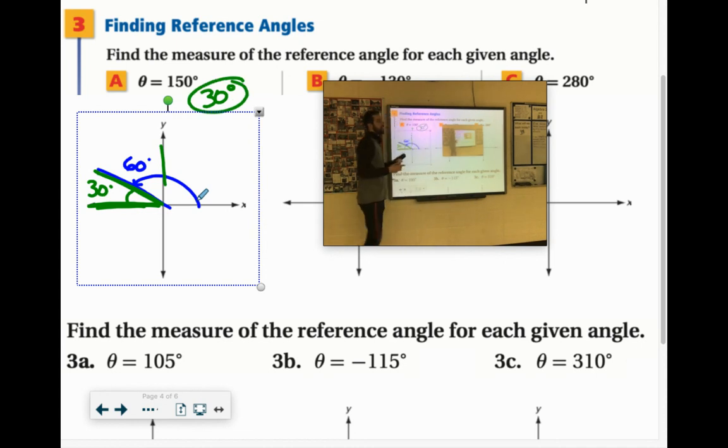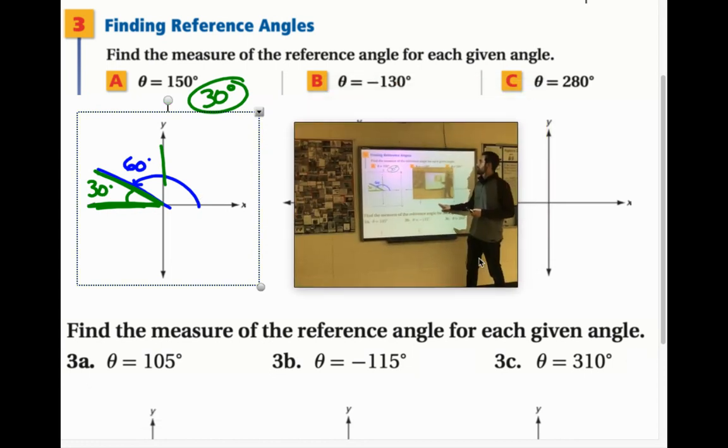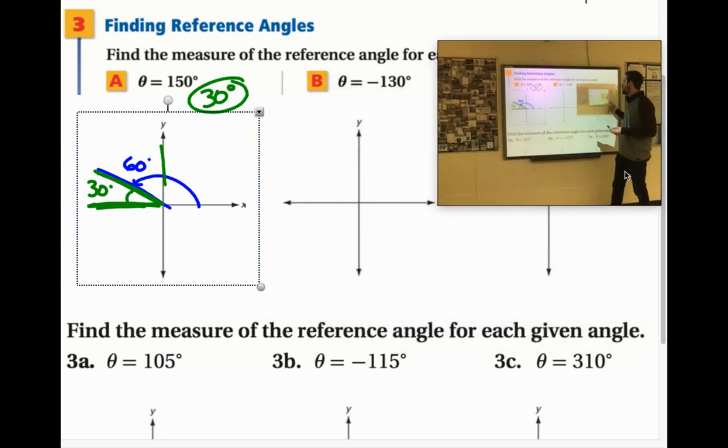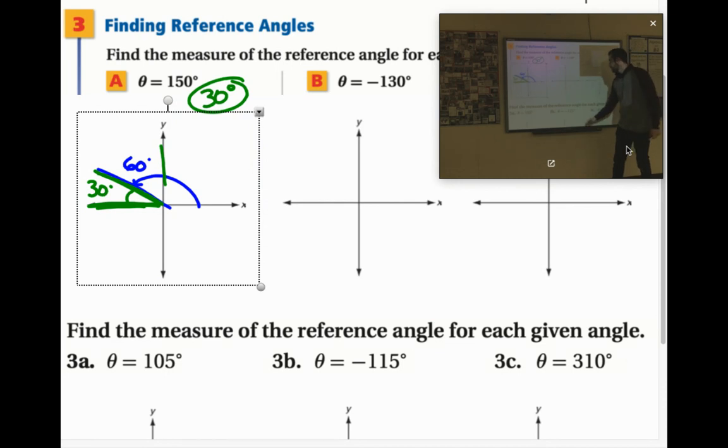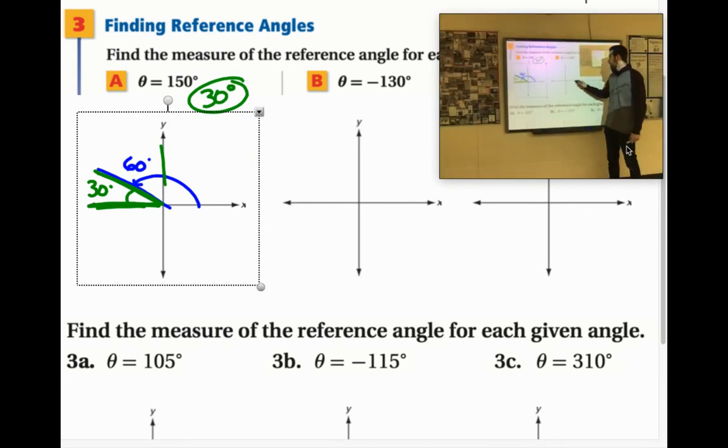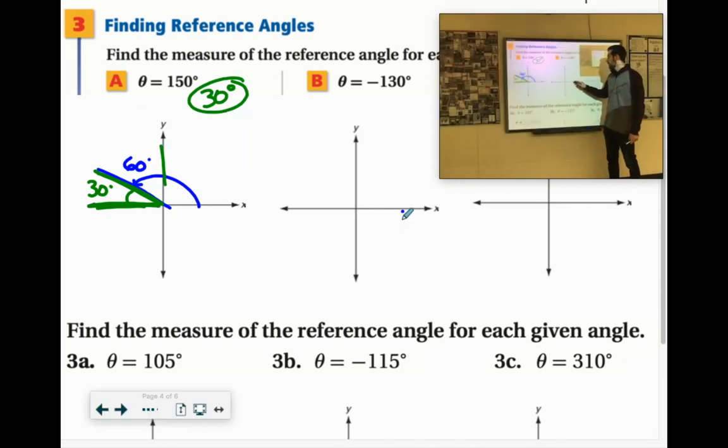But you can't just say, oh, they're supplementary, right? Not necessarily. So let's try out this one, negative 130 degrees. So here would be your negative 90, and then we would need 40 more degrees.